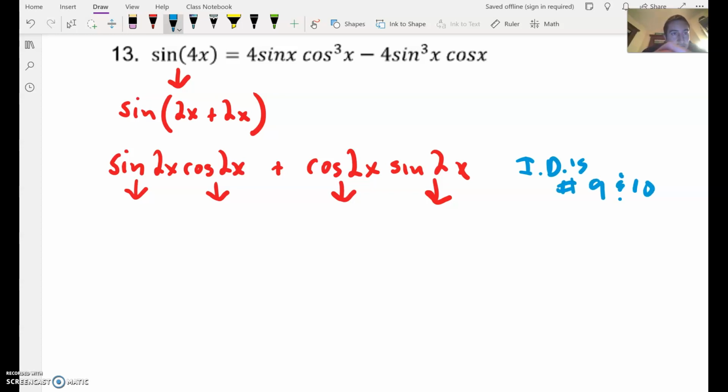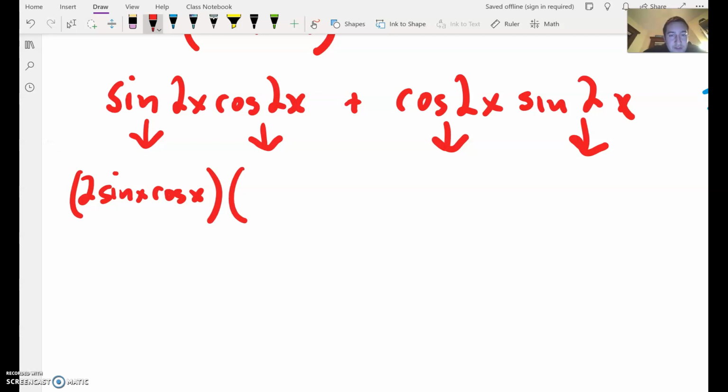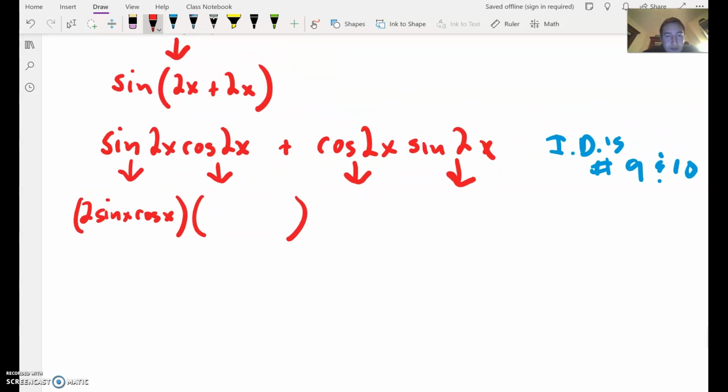The double angle identities. So we got sine of 2x, which turns into 2 sine cosine. We've got cosine of 2x, which can turn into 3 different things. That's going to be tricky, so we'll pause that for a second. And this sine of 2x turns into 2 sine cosine.